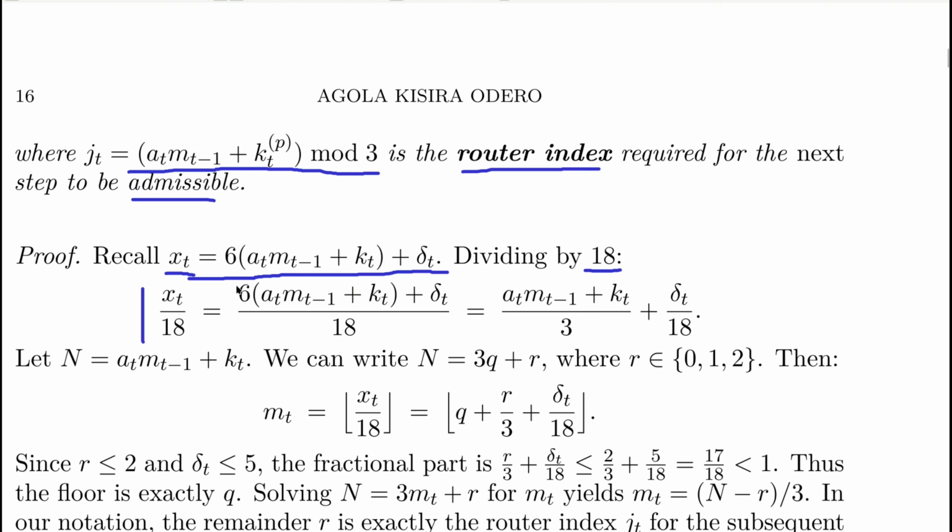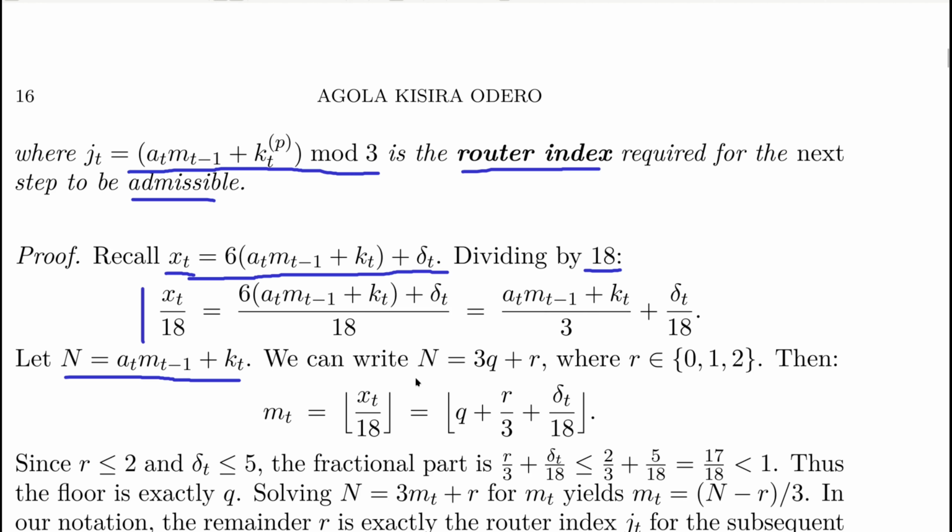If we cancel out the 6, because 18 is divisible by 6, we get (at mt minus 1 plus kt) over 3 plus delta t over 18. So let n be at mt minus 1 plus kt, this numerator here.